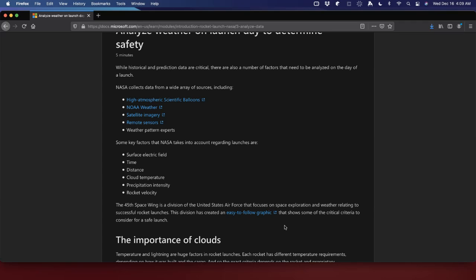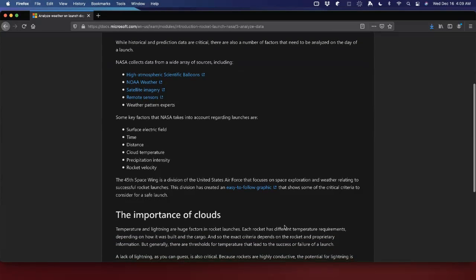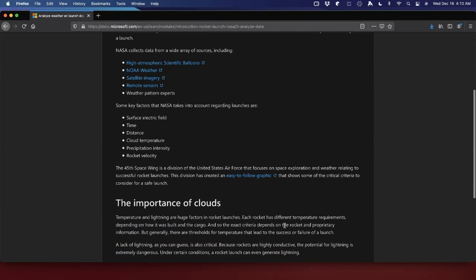And if we're trying to build patterns from the data and models that absorb those patterns, then we're going to want to make sure that the data is shaped in a way that will not impact the analytics in a bad way. So some of the things that they have collected have to deal with electric fields around the vehicles, the time, maybe it's earlier in the day, weather conditions are one way compared to later in the day.